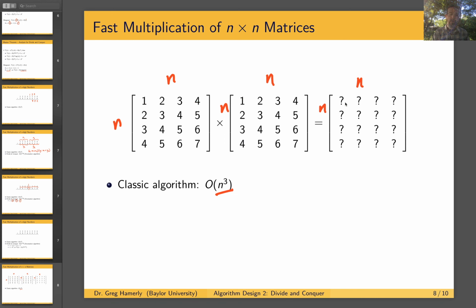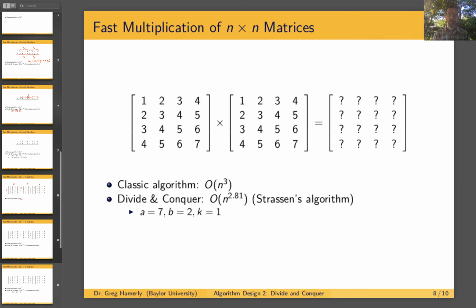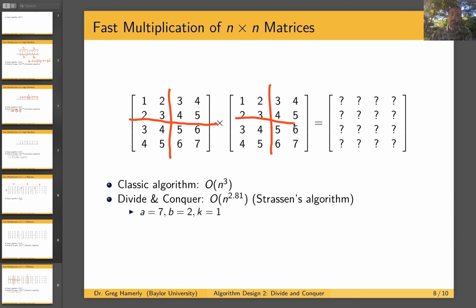Okay, but there's a divide and conquer algorithm called Strassen's algorithm that runs in n to the 2.81. And as you might expect, it works by divide and conquer. The divide and conquer steps that we do is we divide each of these 2 matrices into quadrants, let's say.